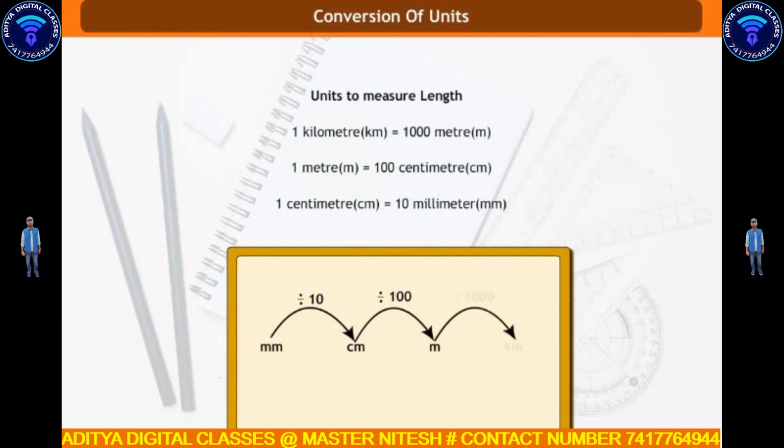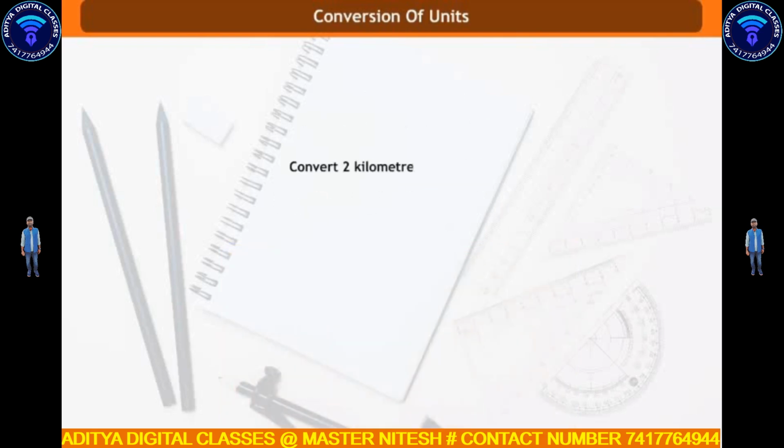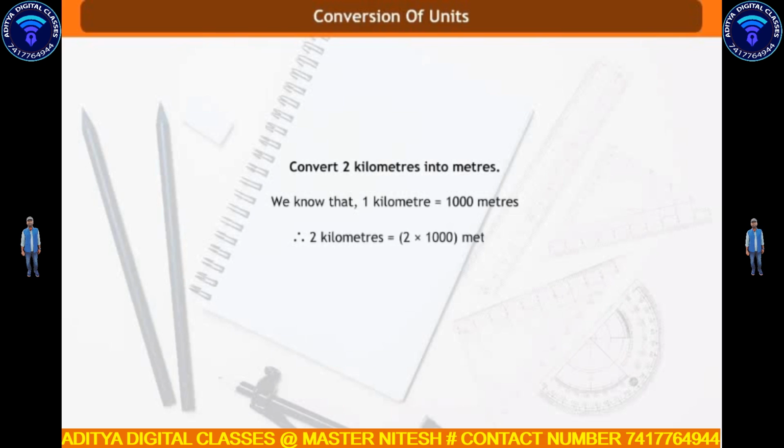We divide by 1000 to convert meter to kilometer. Let us convert 2 kilometers into meters. We know that 1 kilometer is equal to 1000 meters. So 2 kilometers is equal to 2 into 1000, that is 2000 meters.